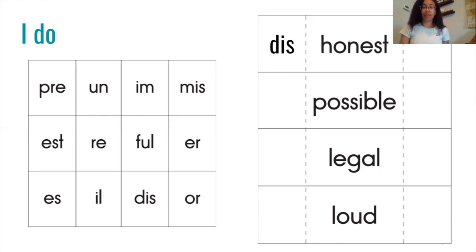Then on my paper, I wrote the word dishonest at the top. My definition is not honest, and for my sentence, I wrote, she was being dishonest when she said she didn't eat the last piece of pizza. So that's what that ended up looking like, to write the new word, the definition, and a sentence for it. And notice I underlined my new word in the sentence.